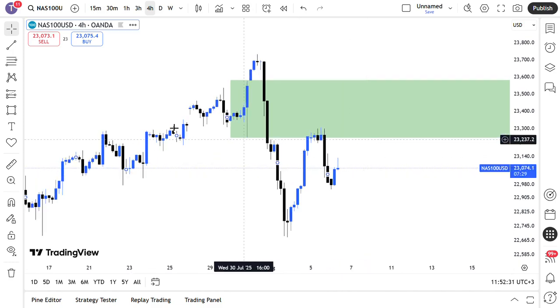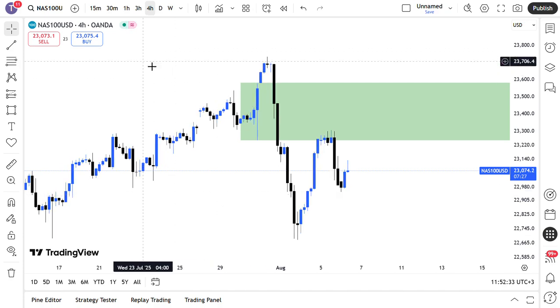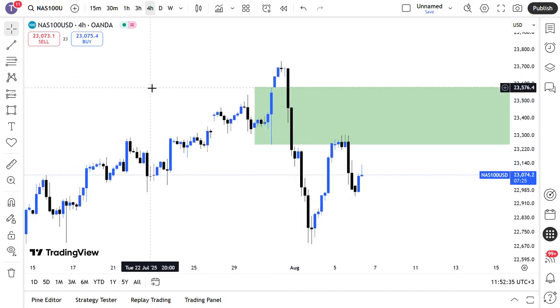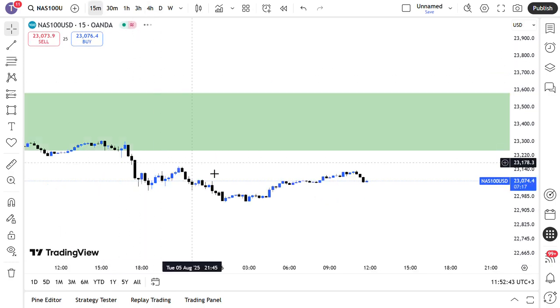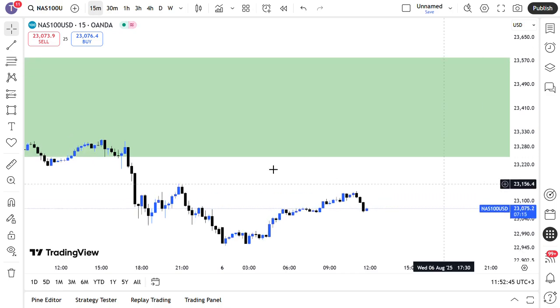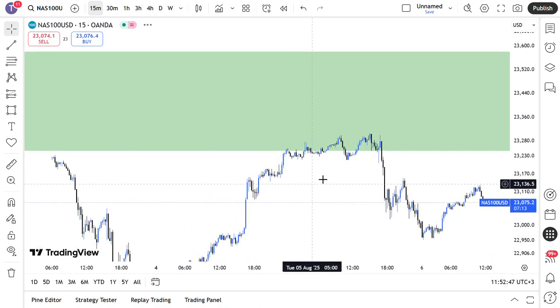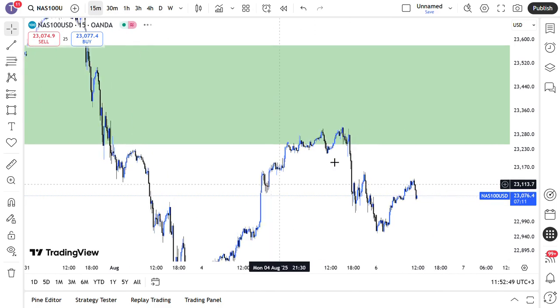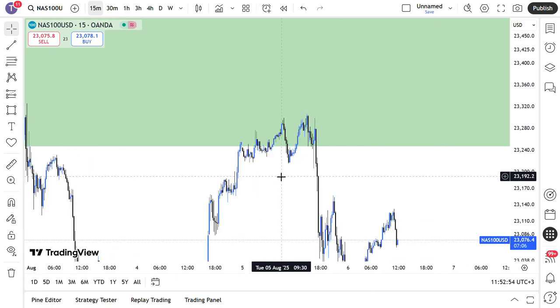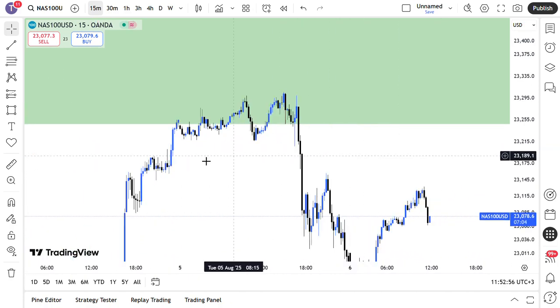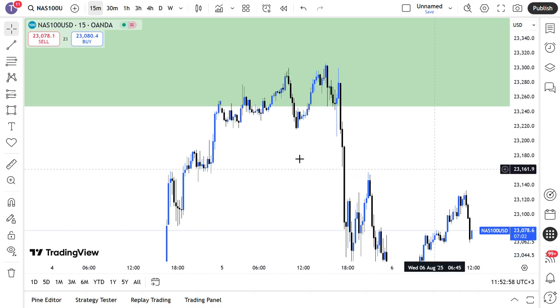On the lower time frames, I expect change of characters not from the 1 hour or the 30 minutes, but maybe from the 15 minutes time frame to the 5 minutes time frame. That's where I want to see my change of character. And you can see very clearly up here we have some consolidation, and that is where I'm going to look for my change of character.